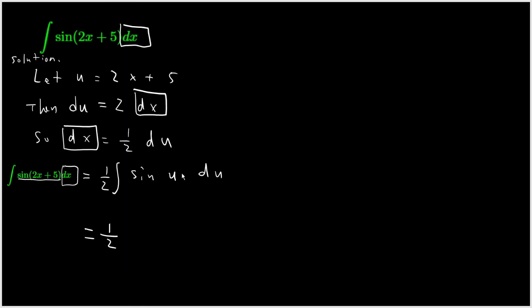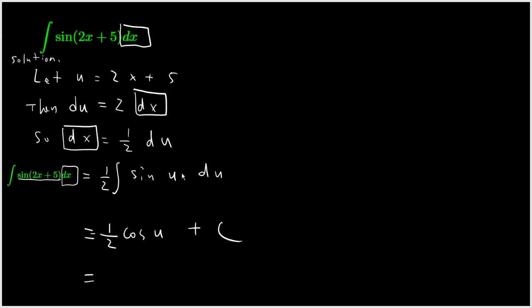It's negative cos of u. Or you look at the basic formula. Antiderivative of sine of u is negative cos of u. So do not forget that it's negative cos of u. I put the negative sign here. Negative cos of u and then plus c. After getting an antiderivative, you add an arbitrary constant c.